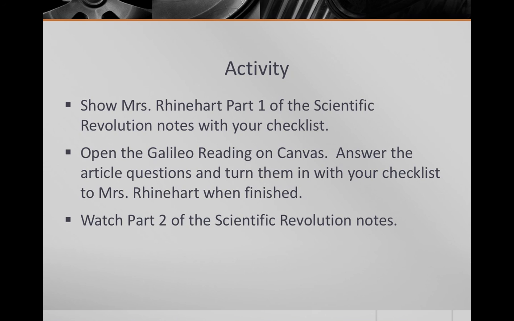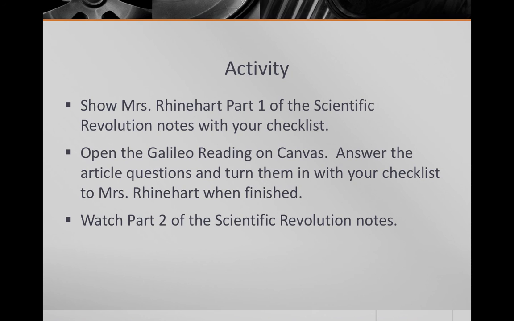I'm going to then give you a blue paper. You'll want to put your name on it, and then on Canvas you're going to want to open up the document that's called Galileo Reading, and you're going to want to read through that article and use the article to answer the questions on your paper.